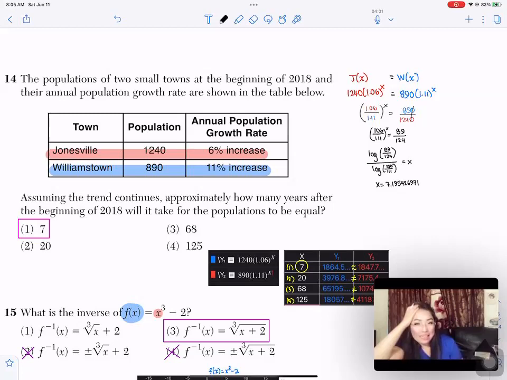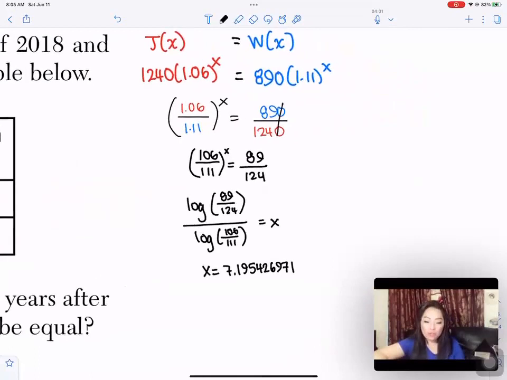It's 890 times 1.11. And you're both raising it to the x power. So what I did here is we're going to try to solve for x. So we're going to divide both sides by 1240, right? To isolate the base. But then you're also going to divide by 1.11 to the x. So that you now have 1.06 divided by 1.11 to the x equals 89 over 124.